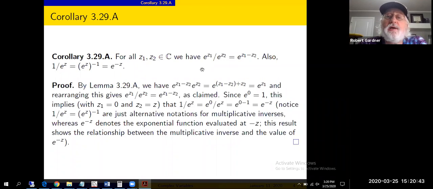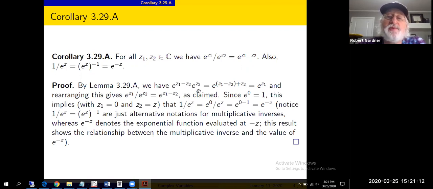Okay, so to establish the first, when we've got the division, we subtract exponents. Notice that if we take e to the z1 minus z2 and multiply it by e to the z2, the previous lemma applies to that. So we'll add those exponents, and of course the negative z2 and z2 cancel, giving us e to the z1. Now we've got the product equals e to the z1.